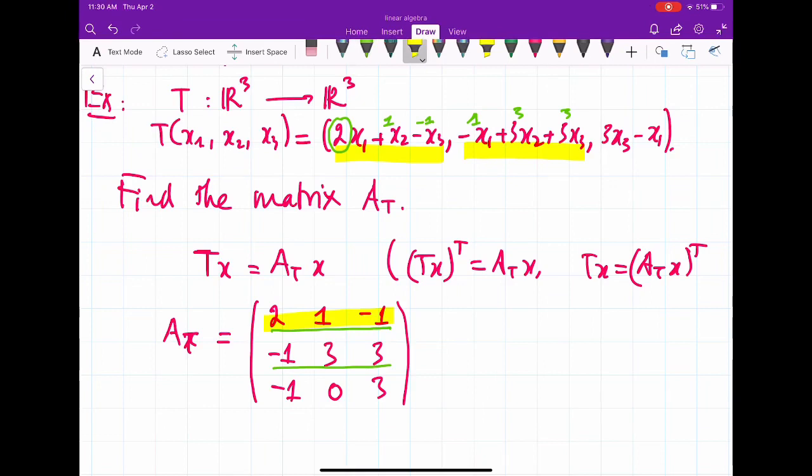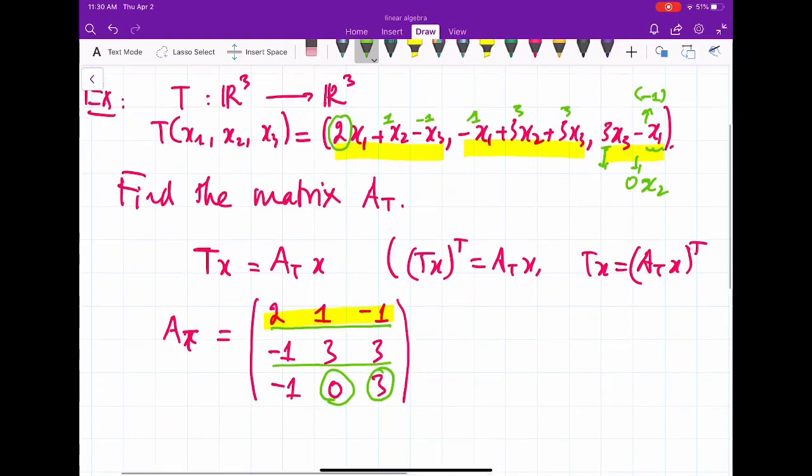For the last, I pick the last entry of T, and then I pick coefficients right here: this negative 1 for x1. I have 0x2, so I write 0 right here, and I have 3x3, so I have 3 right here. That's how we can write the matrix of a linear transformation if you know the form of that linear transformation.